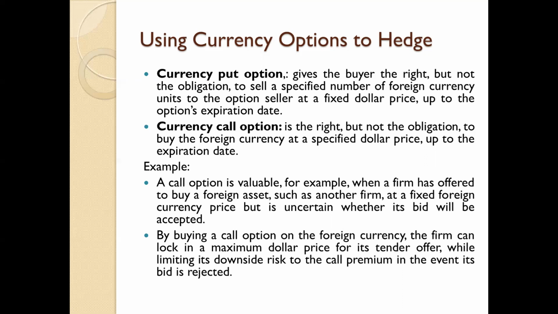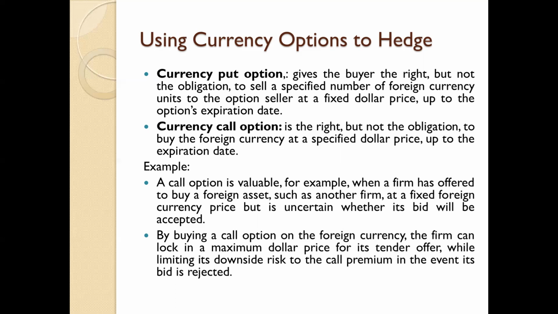The currency call option also gives the buyer the right, not the obligation, to buy foreign currency at a pre-specified rate up to the expiration date. Now our question is how we can use these currency options to minimize transaction risk.